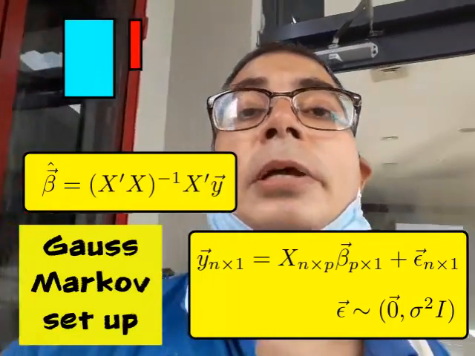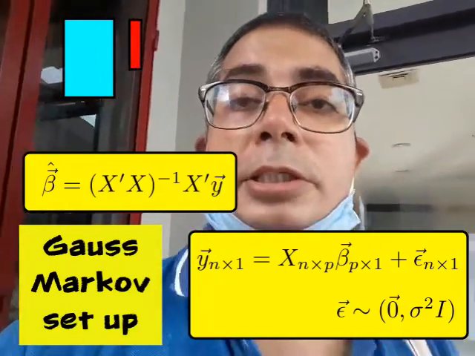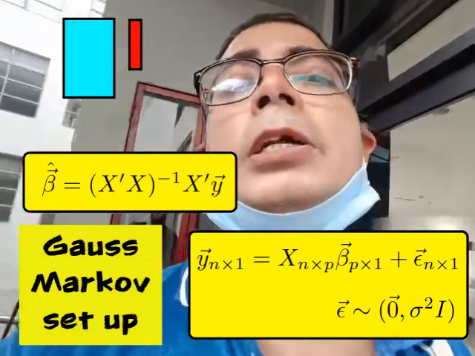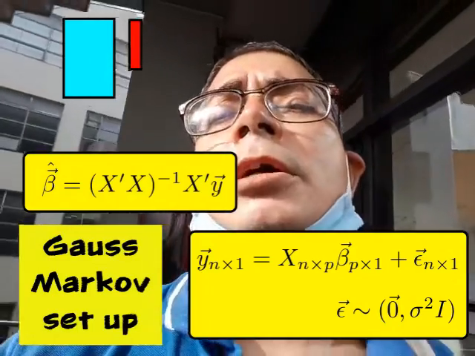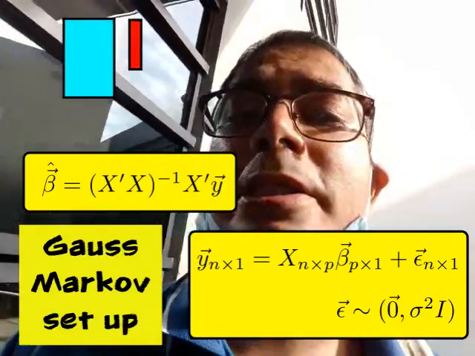So suppose I am given some random vector, which I am denoting by this red vertical vector. It is pre-multiplied by a fixed matrix of appropriate order, which I am denoting by the cyan rectangle.